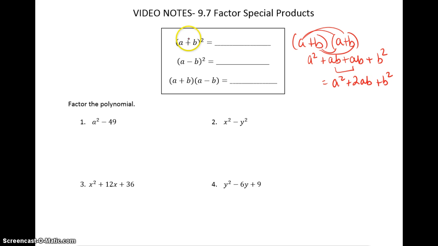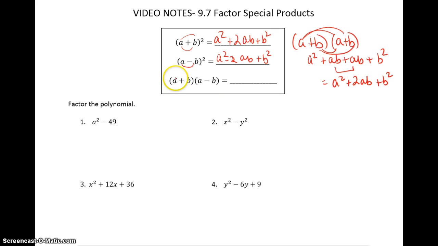And we learned that shortcut where we could square a and then multiply a and b together times 2, and then square b and get b squared. And so the same thing would happen on the second one, a squared, this time minus 2ab plus b squared.